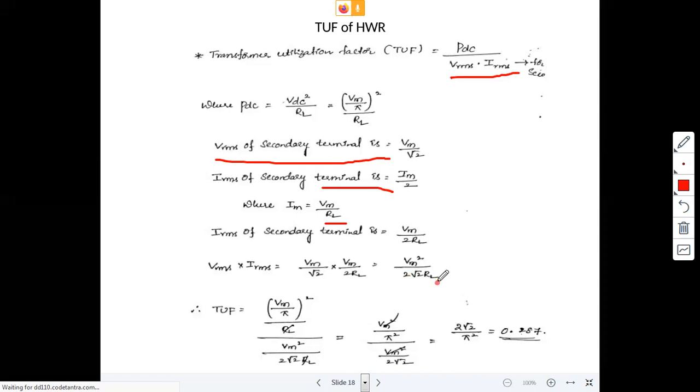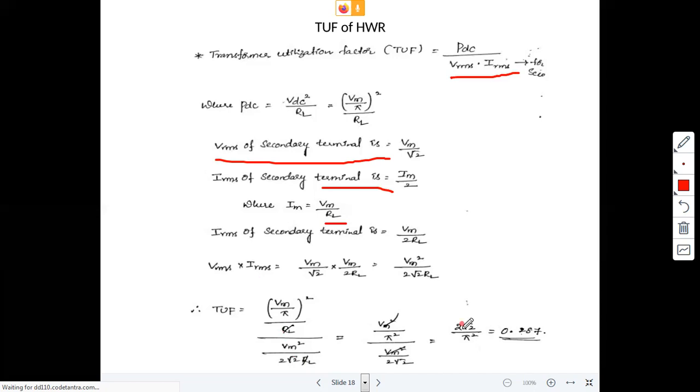Now the transformer utilization factor is equal to DC power, Vm by pi whole square by RL, divided by VRMS into IRMS, that is Vm square by 2 root 2 into RL. Then RL gets cancelled and Vm also gets cancelled.